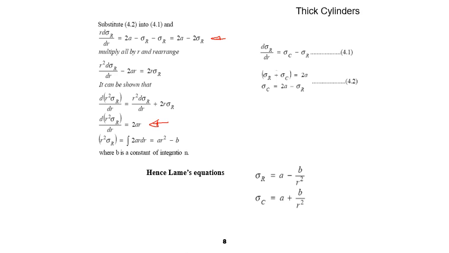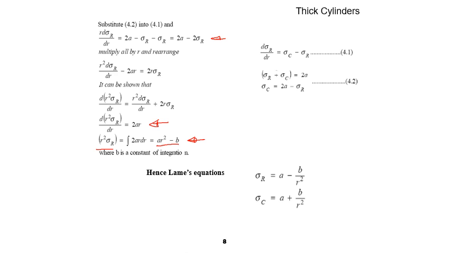a r squared minus another constant b, and b is the constant of integration. So we have this equation here, which is r squared sigma r is equal to a r squared minus b.